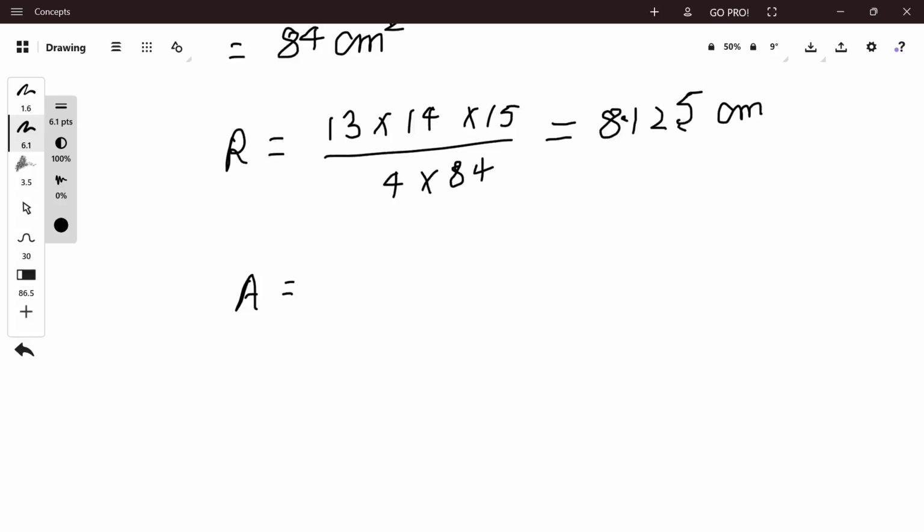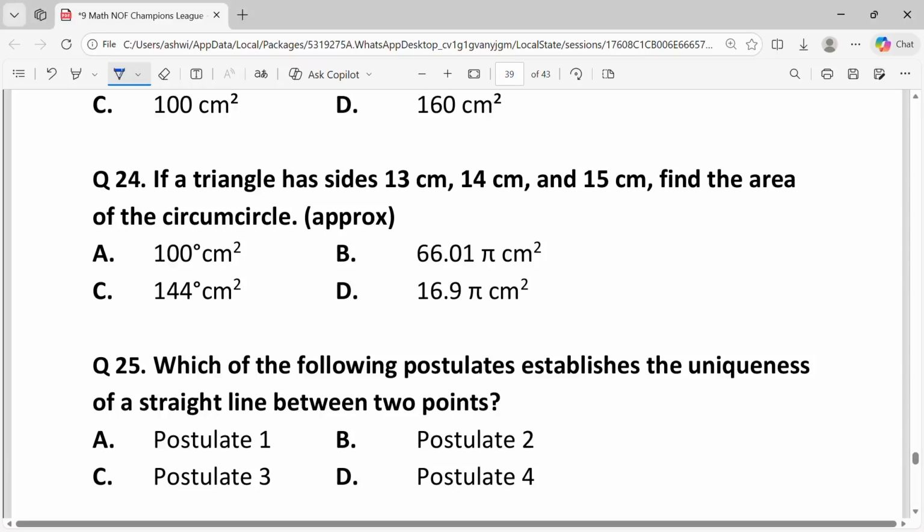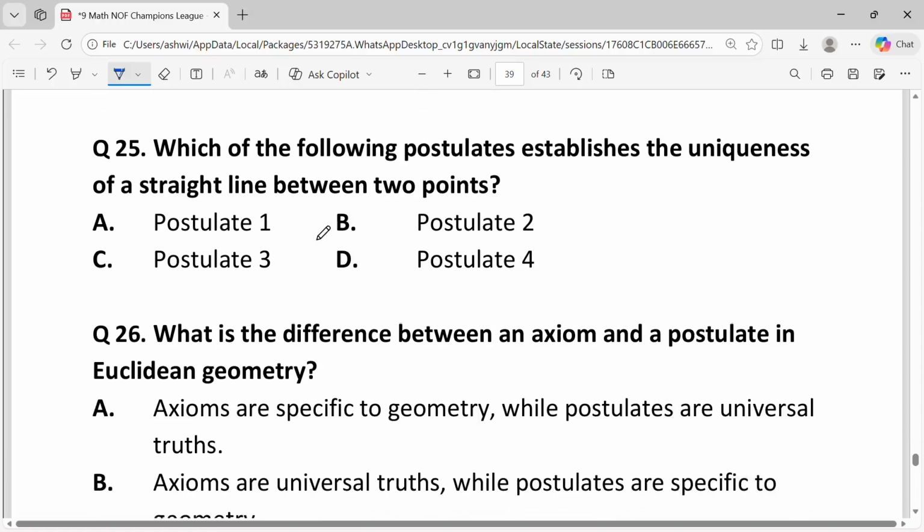That is A is equal to pi into 8.125 square. Using the value, that is 66.01 pi centimeter square. Comparing with the given options, the answer is B, 66.01 pi centimeter square.